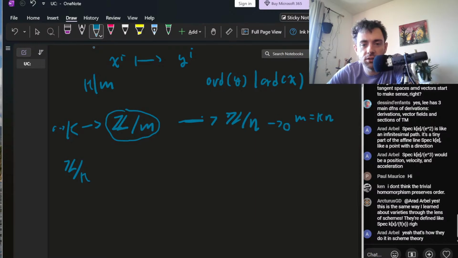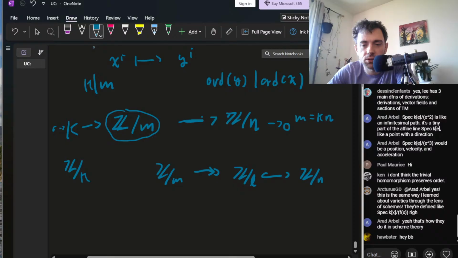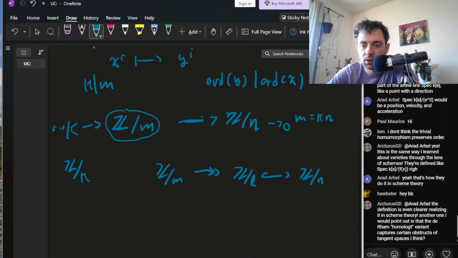Well, that would be in the surjective case. Of course, this could also be quotienting onto some yet smaller subgroup, say ZL, and then that ZL is included in here, for example.